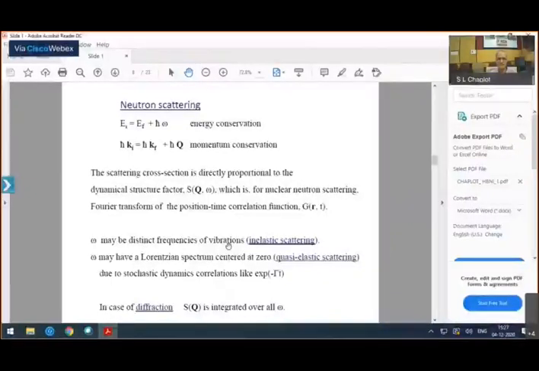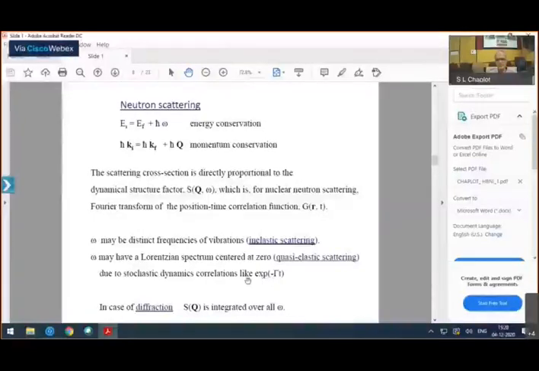So that is how, when you have delta functions in omega or the energy transfer, like Raman scattering, you see peaks at distinct quantized energy changes, then these are inelastic scattering, and if it is around zero energy transfer in a Lorentzian-like shape. These are not strictly always a single Lorentzian. This is just a simple way of putting it.